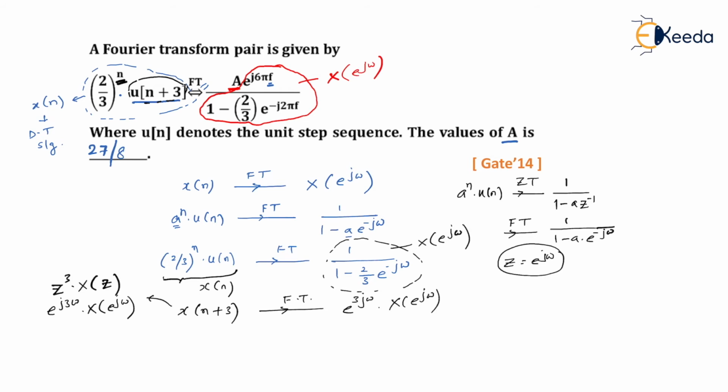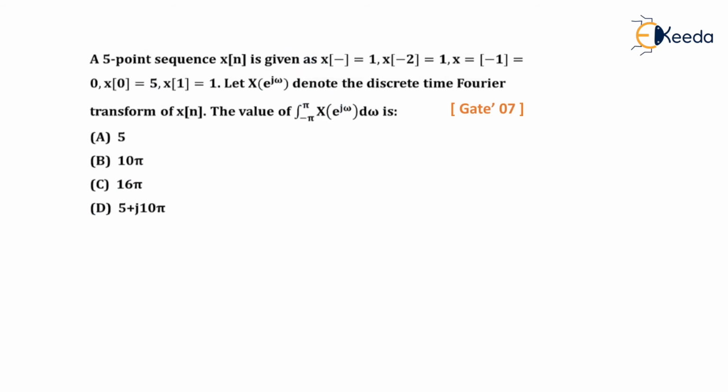First type is MCQ, where options are given and you have to select the correct option, and the second type is NAT, that is numerical type. In a numerical type question, they give you a fill in the blank, and in that place you have to write your answer. Let's see one more question.